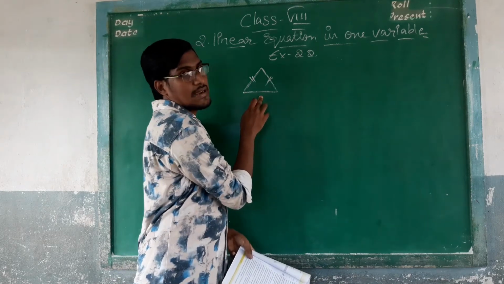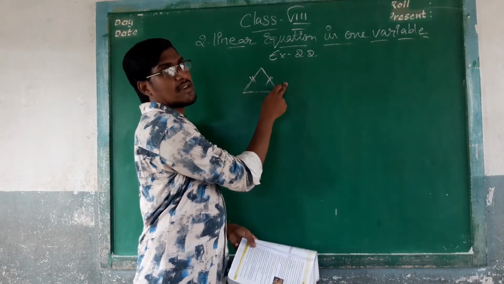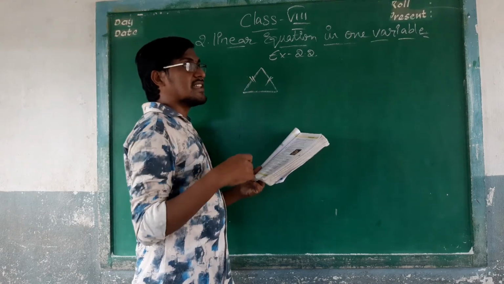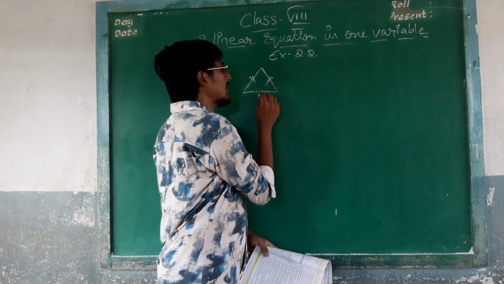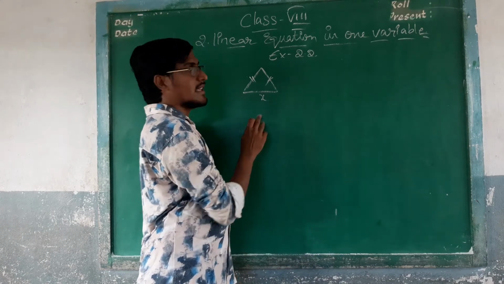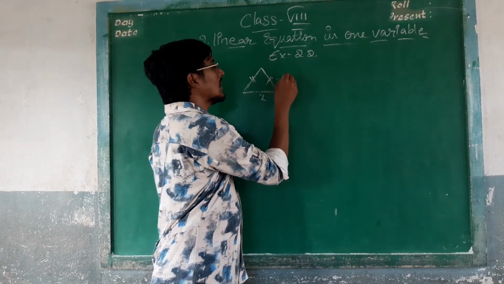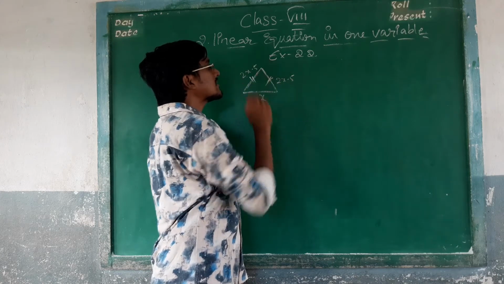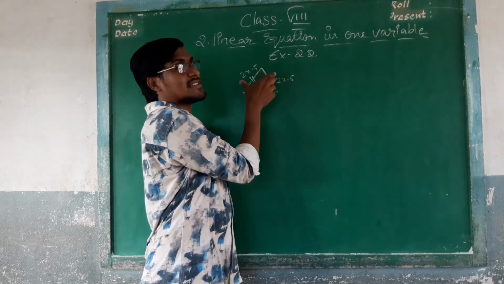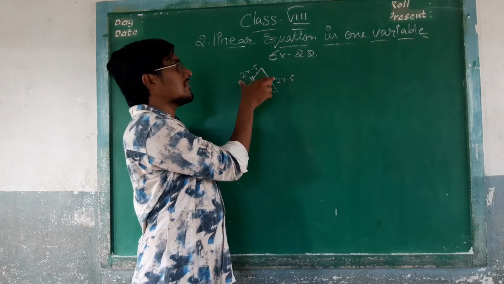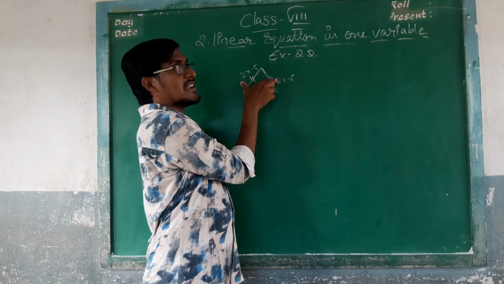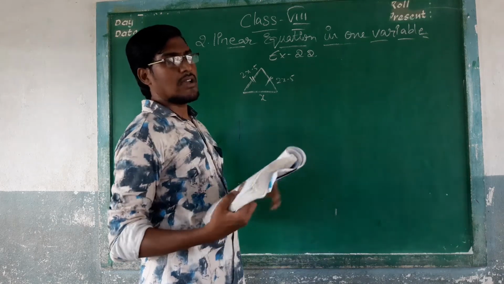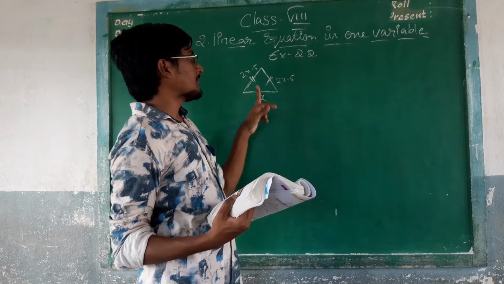This is the third side. These two sides are how much? It is told that they are 5 meters less than twice the third side. If you take the third side as x, then these two sides will become 2x minus 5. This is 2x minus 5 and this is also 2x minus 5. Why? Because they are two equal sides. So we have taken the third side to be x.